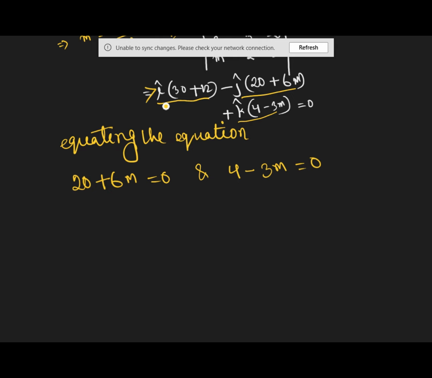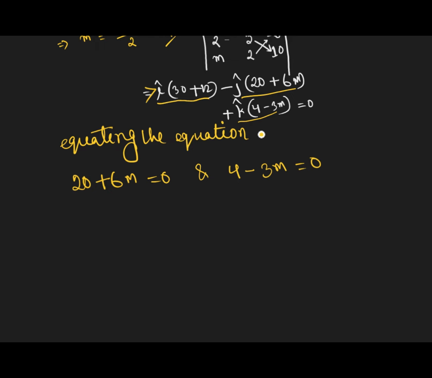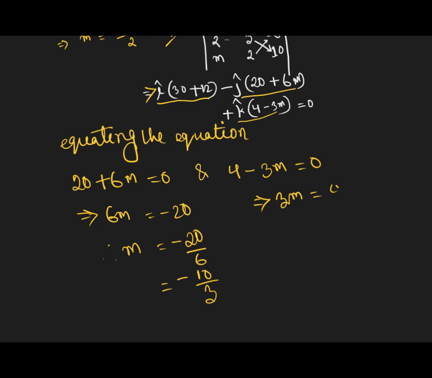So here we can write 6m is equal to minus 20, so m is equal to minus 20 over 6, or we can write minus 10 over 3. Here as well we can write 3m is equal to 4, so m equals 4 over 3.